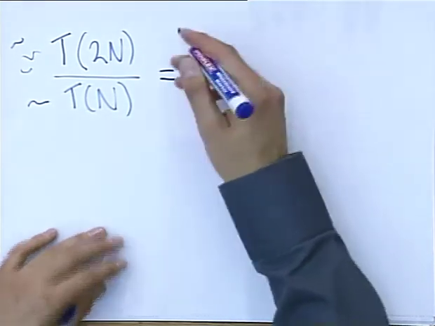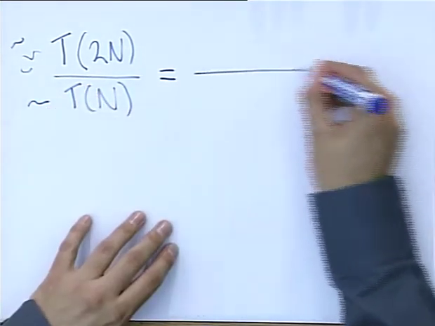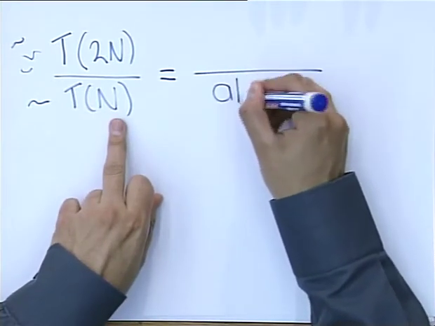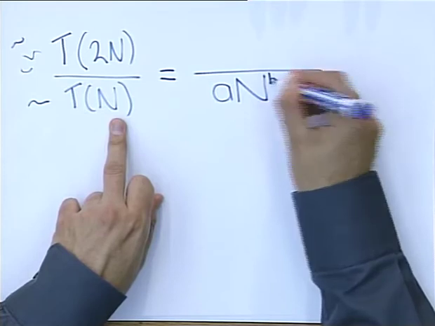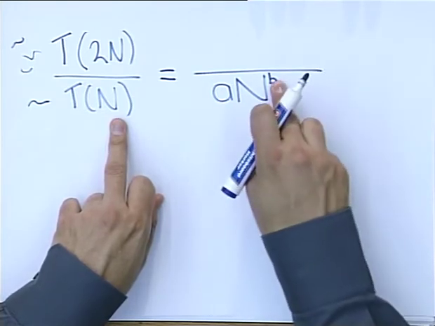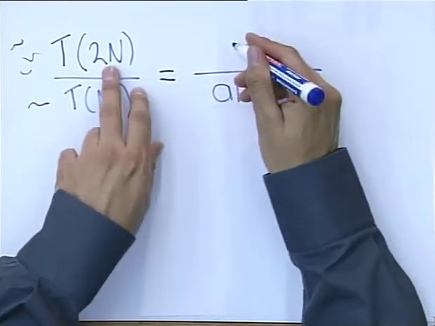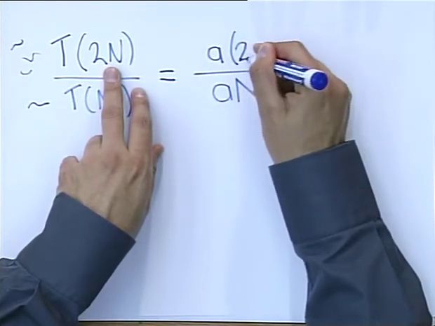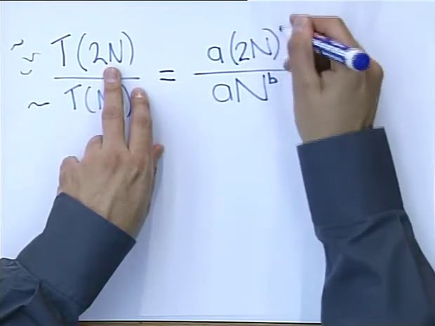Now, of course, in this case, we have the hypothesis that T(n) is of this form, a times n to the power of b, and then of course this one would be a times (2n) to the power of b.